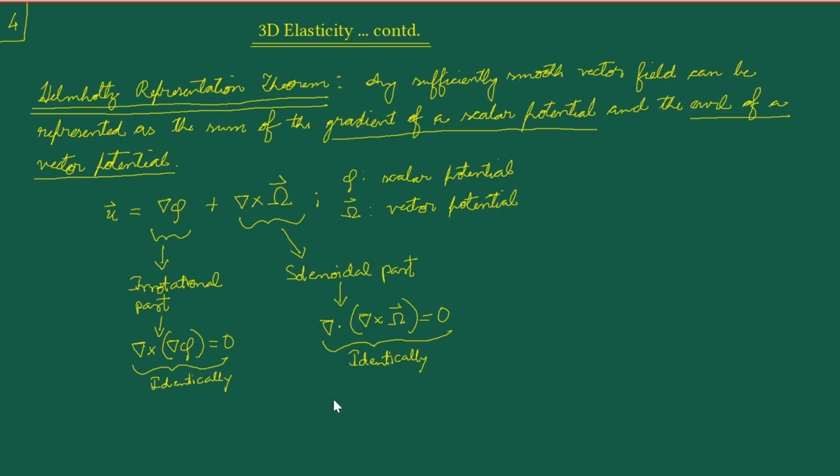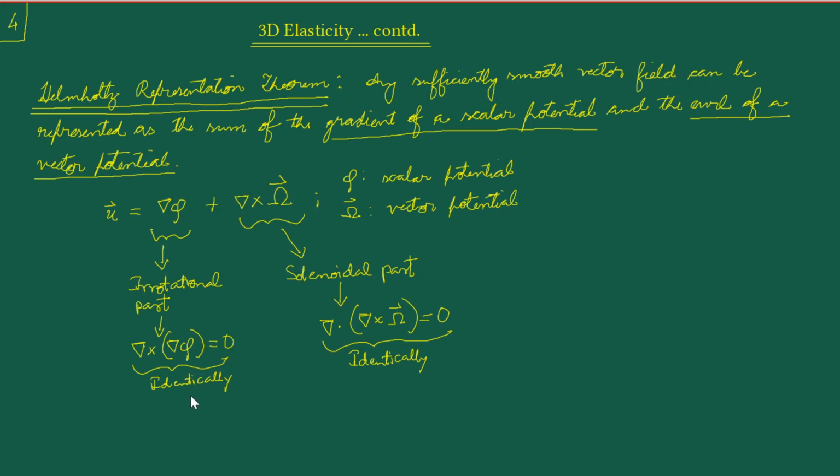Now, what are the consequences of this? When we consider this displacement field through this rather complicated looking representation, it is fine that the mathematical theorem is telling us that this can be done, but so what? It looks nice, very mathematical, but what is the use of this?